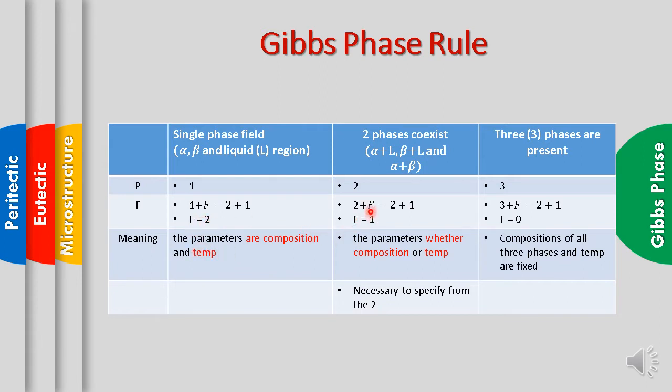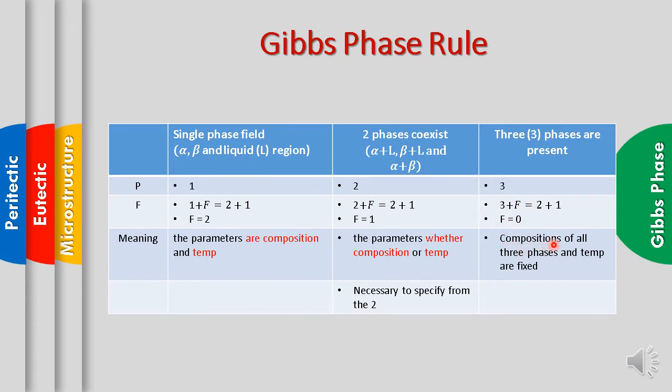And in this case we have F equal to 1, whether we have the composition or temperature. Okay, so we don't know whether it is composition or temperature. We need to specify one from these two. And then in three phases, basically we have F equal to 0.